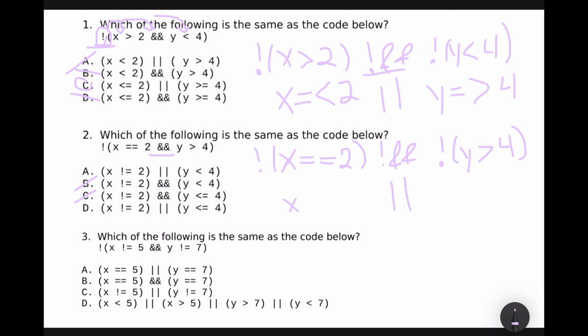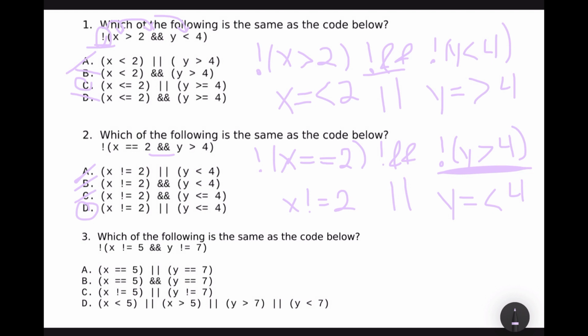So it's just x does not equal 2, right? And then this one, y has to be greater than 4. Then it's going to change to y has to be equal to or less than 4. So the right answer is D.